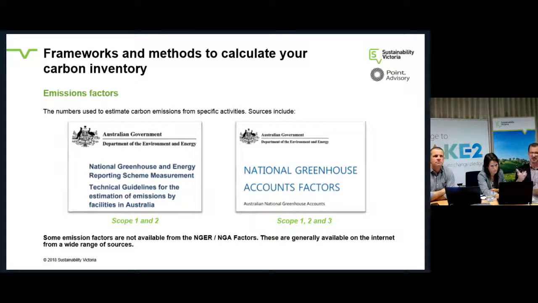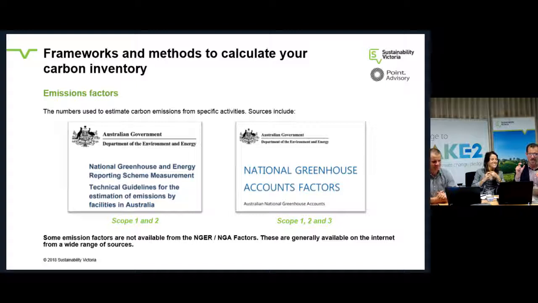So for the purposes of this course, what we are running with is, for scope 1 and 2, we're going to use NGA emissions factors, specifically the NGA measurement determination, which is, by the way, about a 350-page document. Don't get scared. Most of it does not apply to local councils, and we're going to simplify that dramatically for you so that we're really just pulling out the key methodologies that are relevant to councils, which should get it down to a few pages. You don't have to read a 400-page document, that's okay.